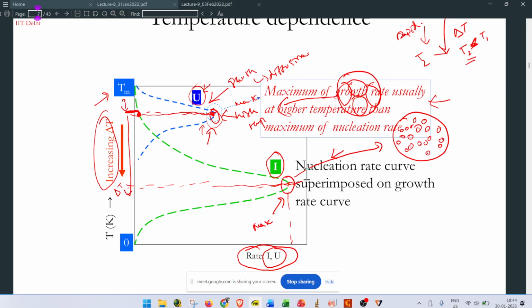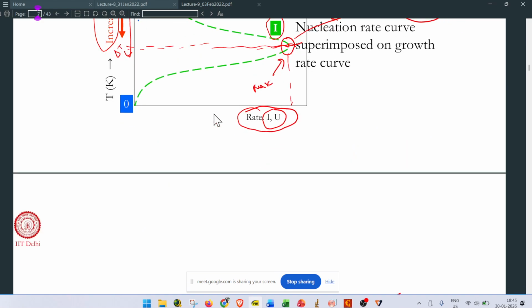So at the lower temperature, because of the higher nucleation rate, the microstructure will be finer, and the grains will not merge together to form bigger grains. At the higher temperature, we see fewer nuclei, but enough time for them to grow bigger, so we get coarser grains.